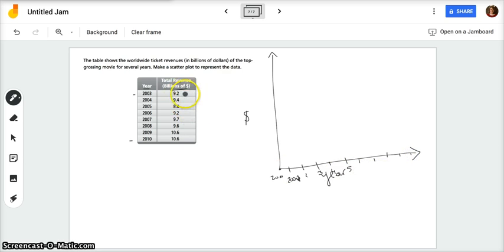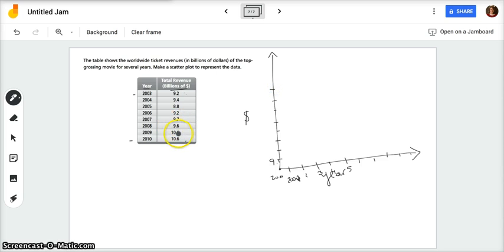And then this I need to make between 9.2 and 10.6. Maybe I'll make this 9.1, and then 9.2, 9.3, 9.4, 9.5, 9.6, 9.7, 9.8.